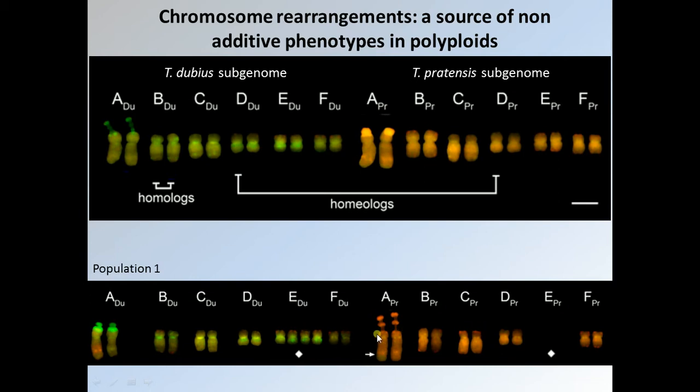And then, of course, that can lead to either transgressivity or homeolog bias. And in this case, you actually expect homeolog bias, and you expect that this subgenome will drive the trait of this allopolyploid, and this allopolyploid will look more like this species, let's say.